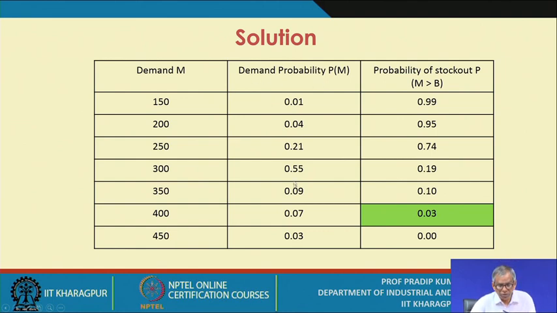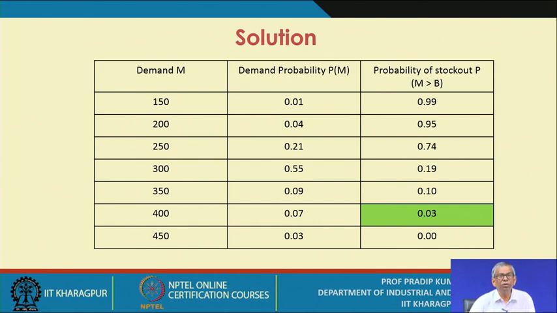The corresponding probabilities are like this, and then you add this column, the probability of stock out, that is the probability that M is greater than B: 0.99, 0.95, 0.74, 0.19, 0.10, 0.03, 0.00. When you have a reorder point of 450, obviously you cannot have any stock out situation.